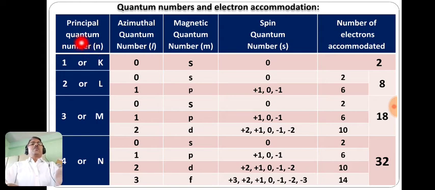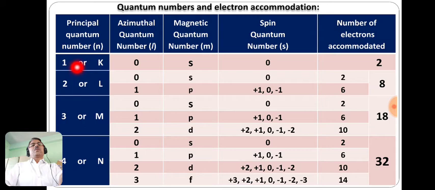This is the principal quantum number, denoted by the letter n. The azimuthal quantum number is denoted by the letter small l. The magnetic quantum number is denoted by the letter small m. This is the spin quantum number denoted by the letter small s. And this column is for the number of electrons accommodated in each energy level.